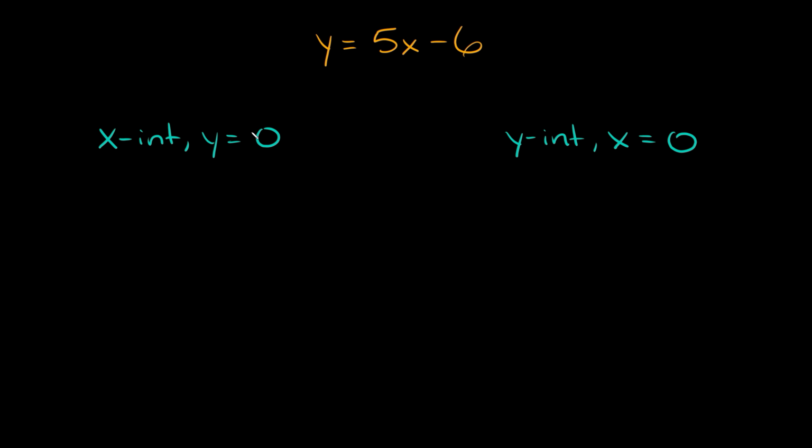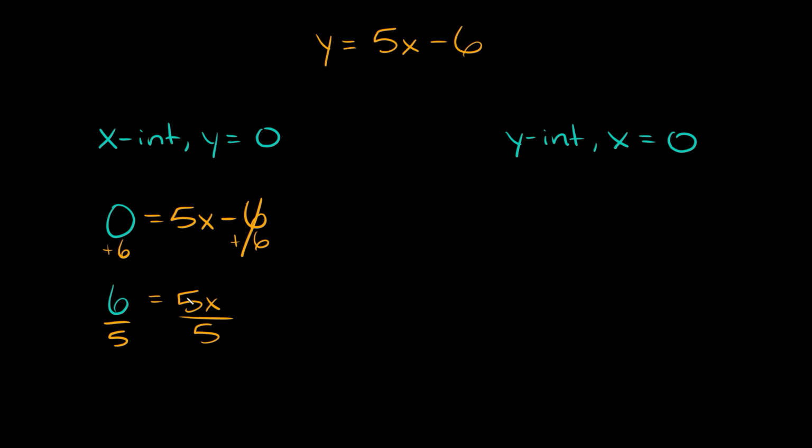Okay, so let's start with finding the x-intercept of this equation. In order to do that, we have to set y equal to 0, or just plug in a 0 for y. So here we're going to get that 0 is equal to 5x minus 6. Now we just need to solve for x to figure out where the x-intercept is. The first thing we can do is get rid of this minus 6 by adding 6 to both sides. So here we're left with 6 is equal to 5x, and then to solve for x, we can get rid of this 5 by dividing both sides by 5.